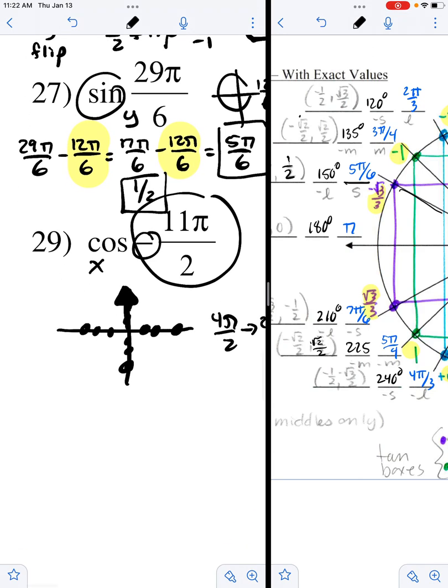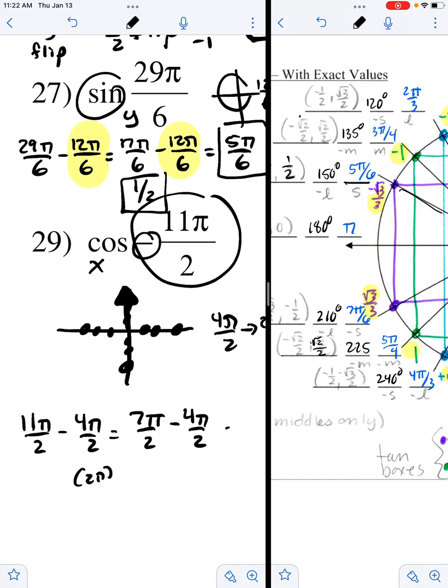If that's confusing, you can also do what we've been doing. 11 pi over 2. If I take away one trip around, which is 4 pi over 2, because that would reduce to 2 pi, now I'm at 7. Still not on the circle. So I take away another.